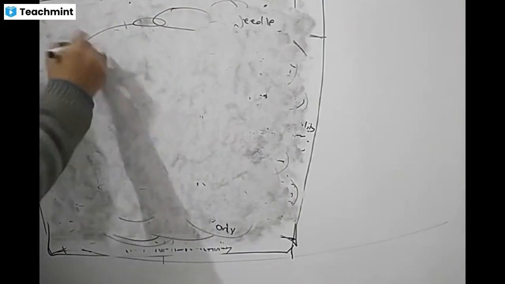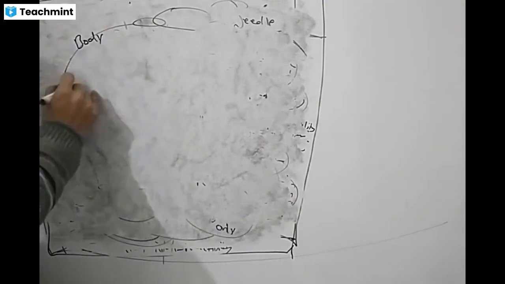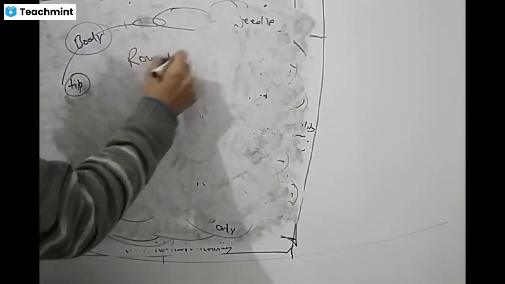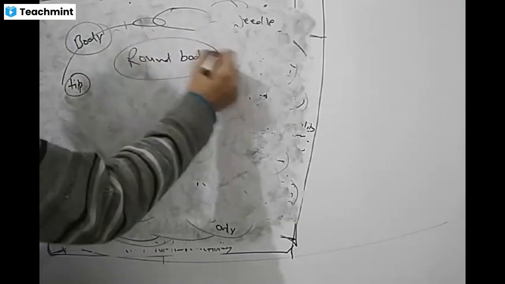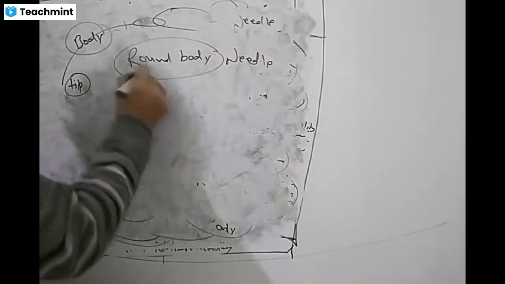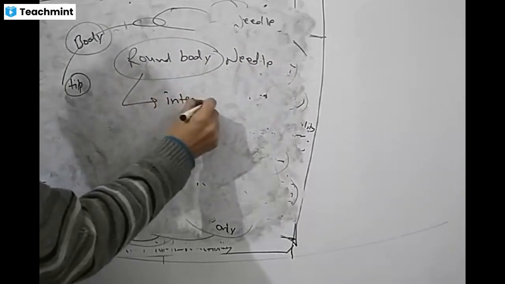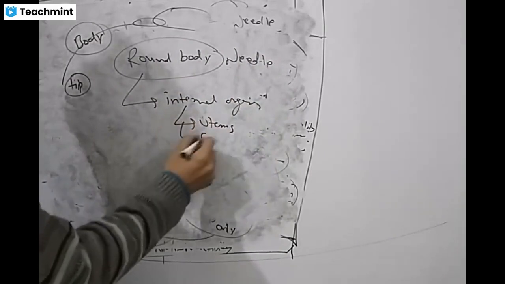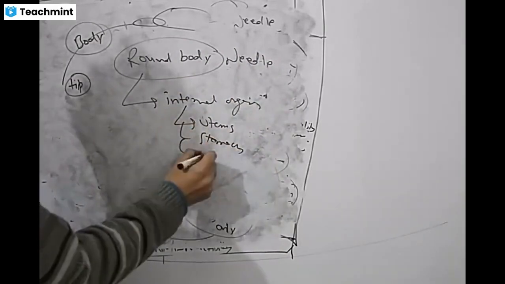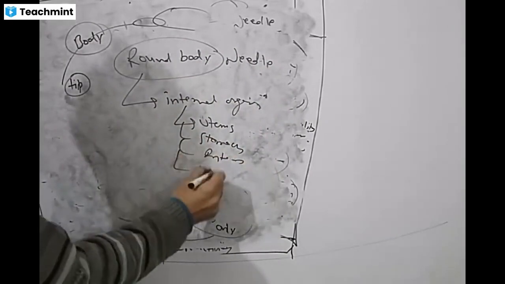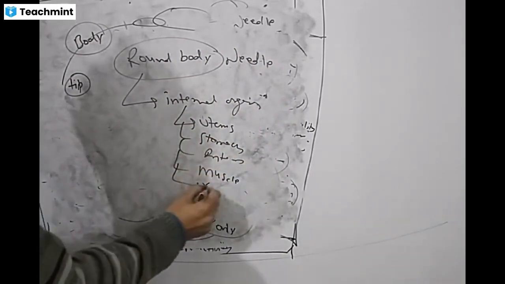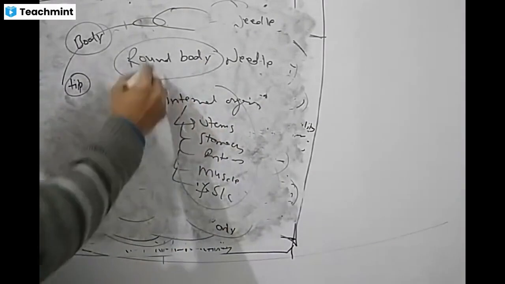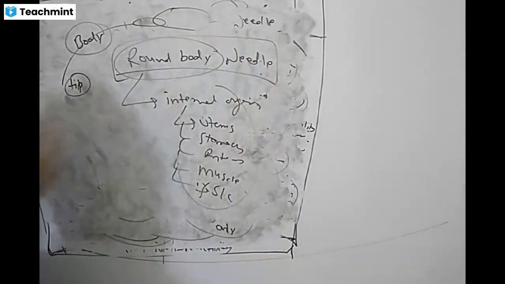These needles, if we look at their body and their tip, are of two types. One is round body. So round body needles we commonly use for internal organs, for example uterus, stomach, intestine, and muscles, fascia, subcutaneous tissue. So these are soft tissues. For them, we use round body needle.